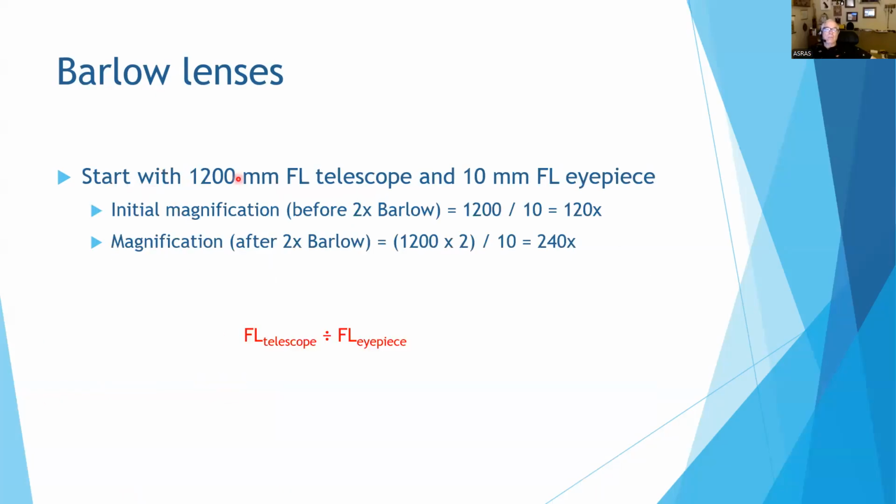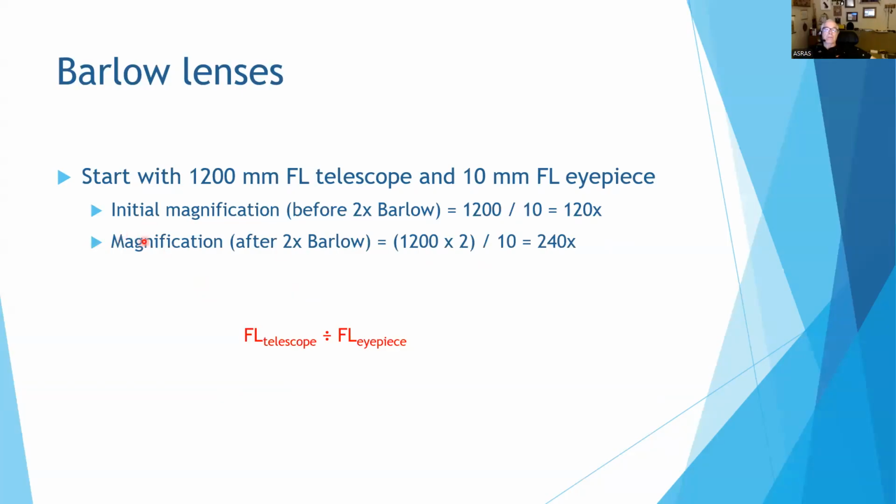So if I start with a 1200 millimeter focal length telescope and a 10 millimeter focal length eyepiece, my initial magnification before I insert a Barlow, using this equation, is 1200 divided by 10, or 120.